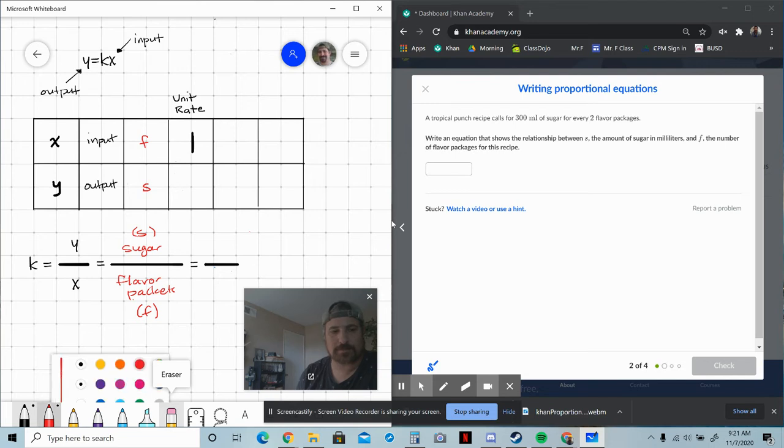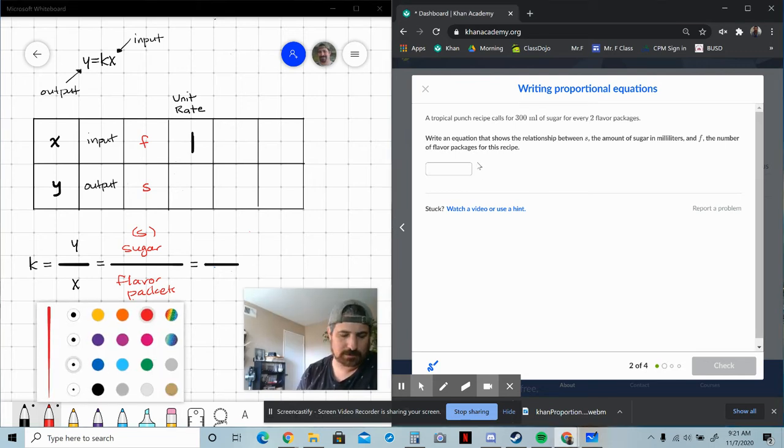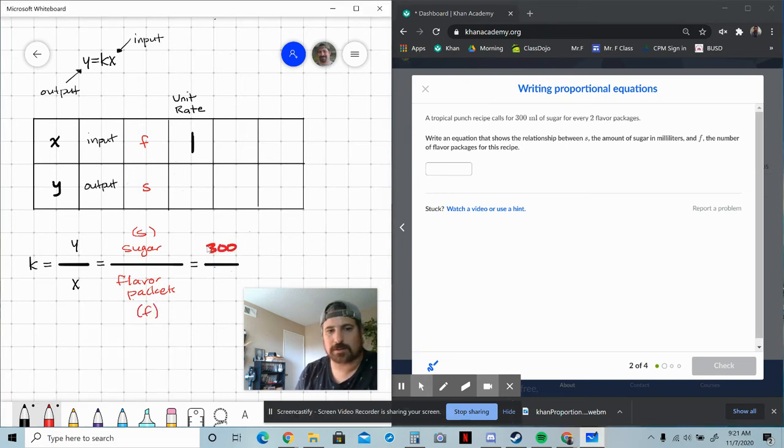So in this case, they're telling us that 300 milliliters of sugar is equivalent to 2 flavor packages. And what I want to know is the unit rate, so I'm going to divide top and bottom by 2.